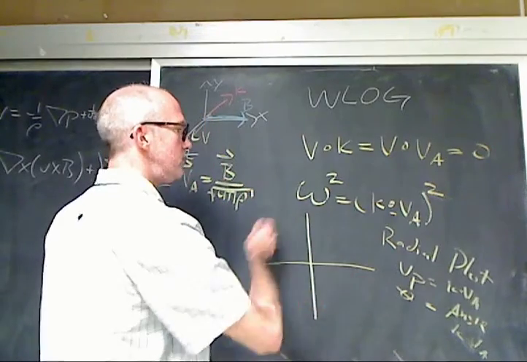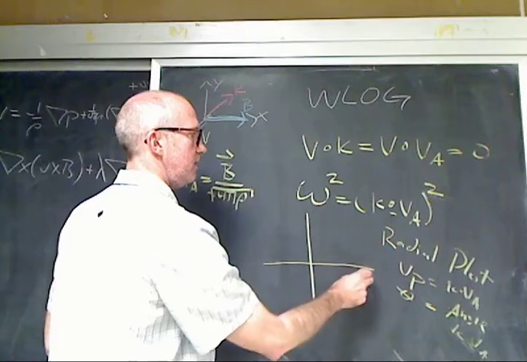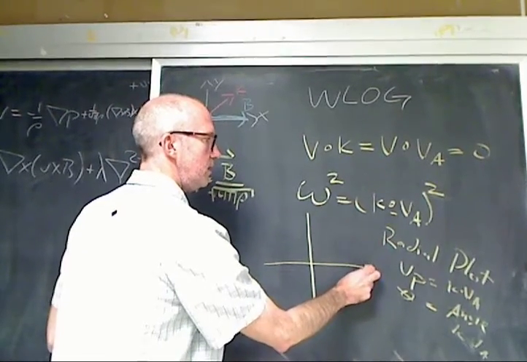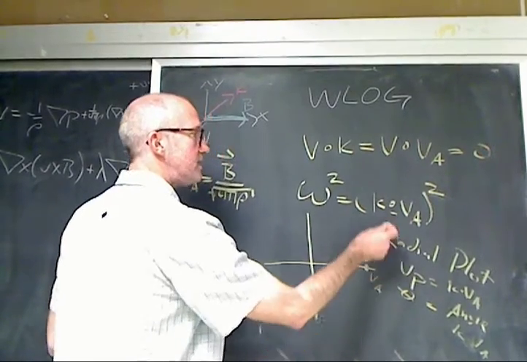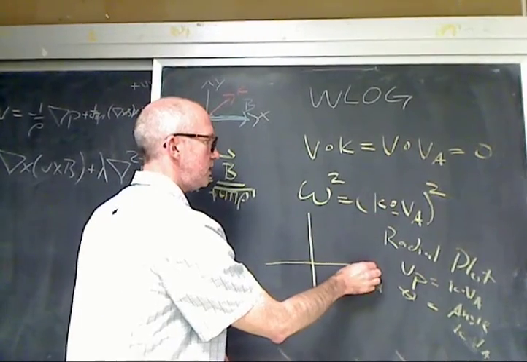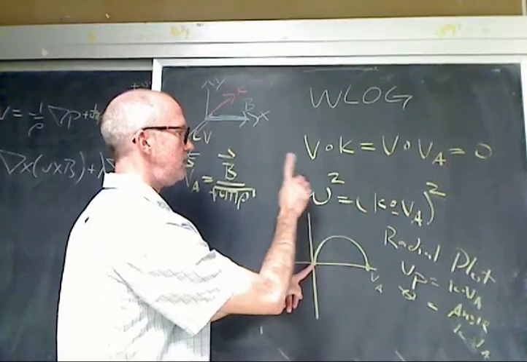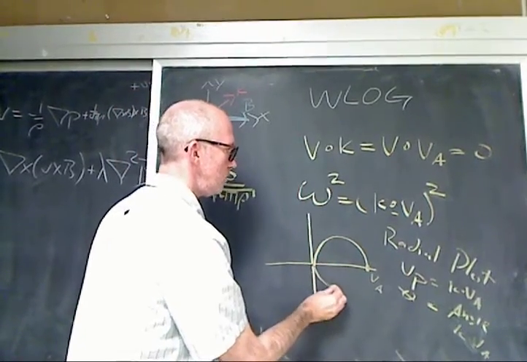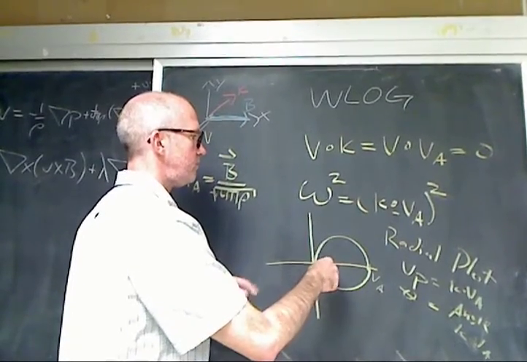So theta opens up this way. So omega squared is K dot VA. So when theta is 0, that means I'm here. I'm going to be at some distance, and this is going to be VA. As theta increases, this goes like cosine, so that when you're at 90, it's 0. And then it goes this way as you keep going, because it's negative.